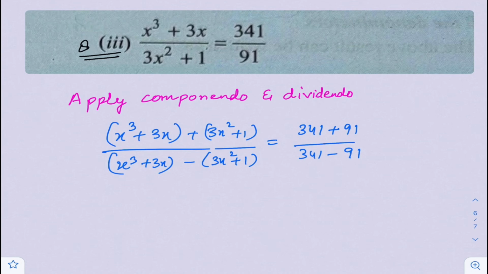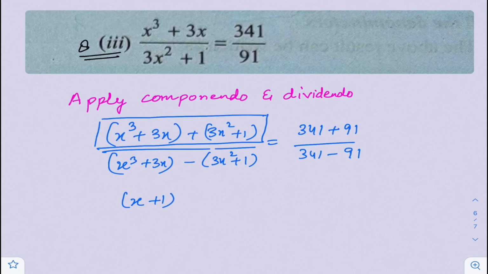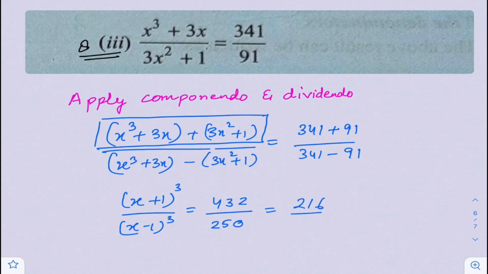And students, please see carefully, this is the formula of (x plus 1) whole cube, and in the denominator we have (x minus 1) whole cube, and on the other side we are getting 432 over 250, and if you cancel it, it comes 216 over 125.